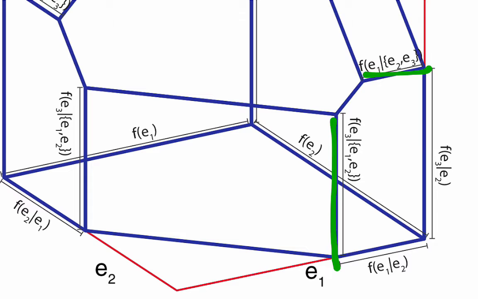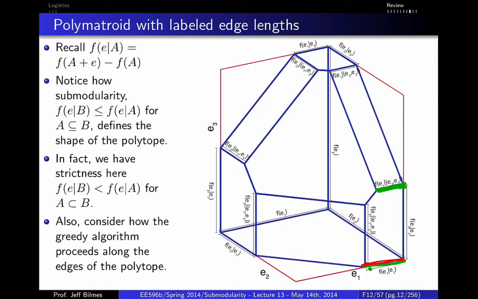For example, f of E1 given E2, E3 is less than or equal to f of E1 given E2 by submodularity. Therefore this length up here has got to be shorter than this length down here, and so on and so forth for all these lengths.